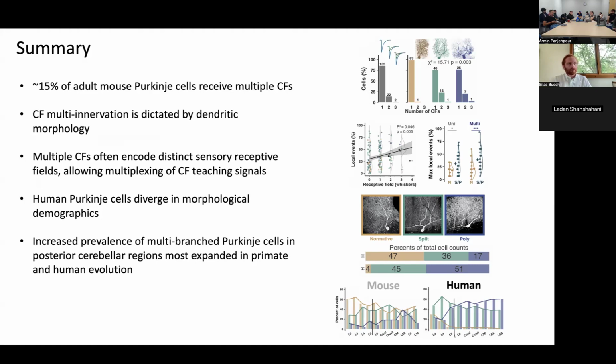So this also gets at a more contemporary understanding that the climbing fiber signal is not just an all or nothing binary, on or off. Right. So you can get different bursting behavior in the climbing fiber, and that's going to produce slightly different waveforms of the complex spike. Complex spikes in the Purkinje cell are a single really strong sodium-based spike, and then you have a series of little spikelets at the soma.